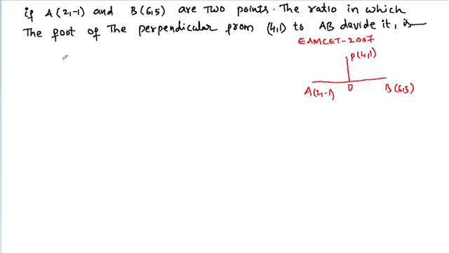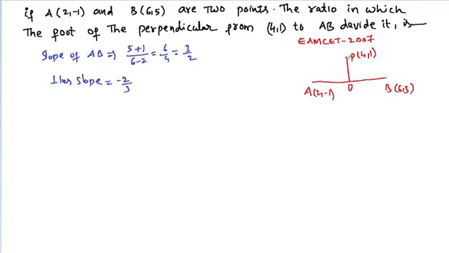So now find the slope of AB. Slope of AB is equal to (5 plus 1) by (6 minus 2), that is equal to 6 by 4, which is equal to 3 by 2, and the perpendicular slope is equal to minus 2 by 3.